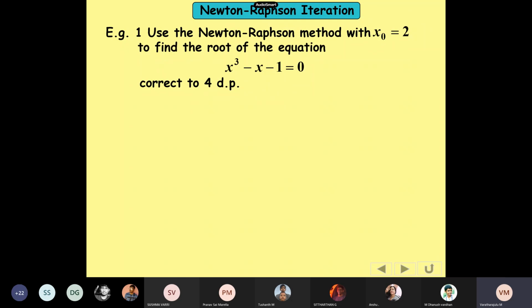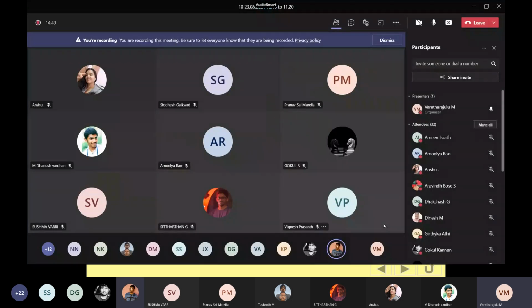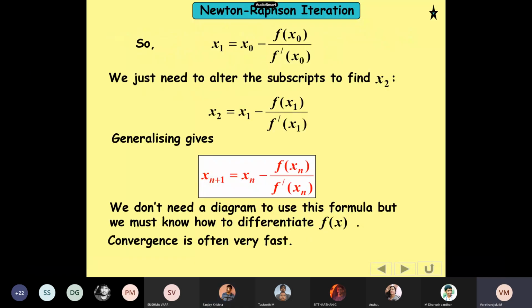This is your example 1, and before that, take your calculator. You will refresh the differentiation and integration formulas. Sir, can you go to the previous slide for one second? Yes, this is your required slide.